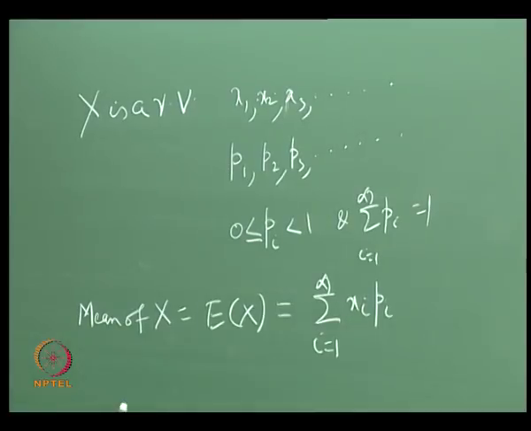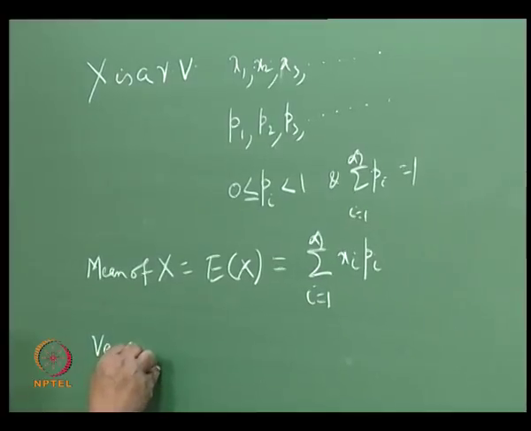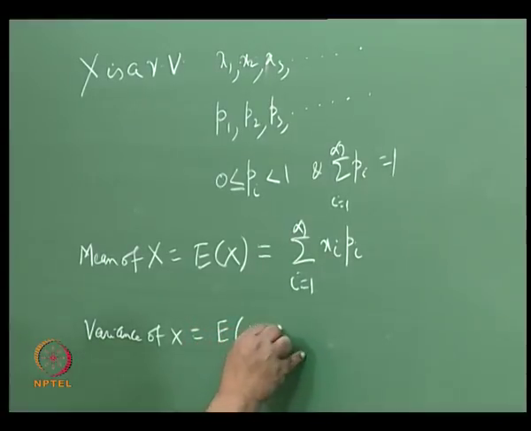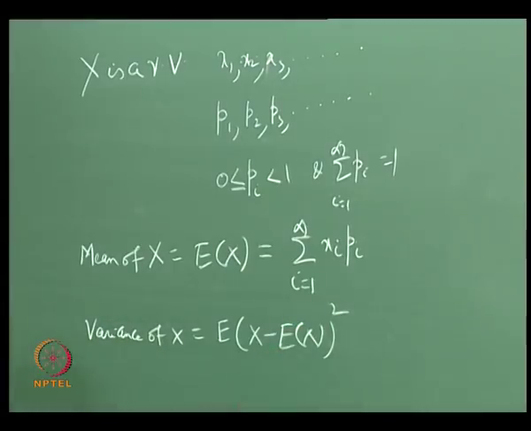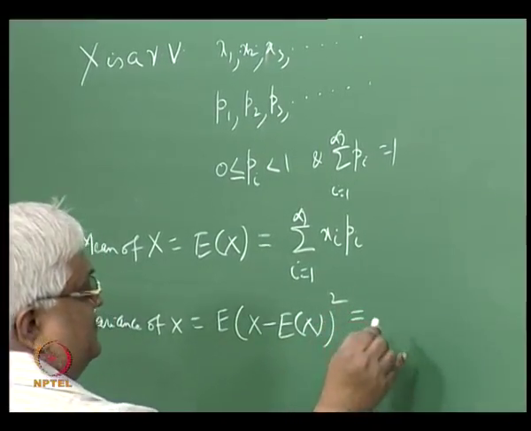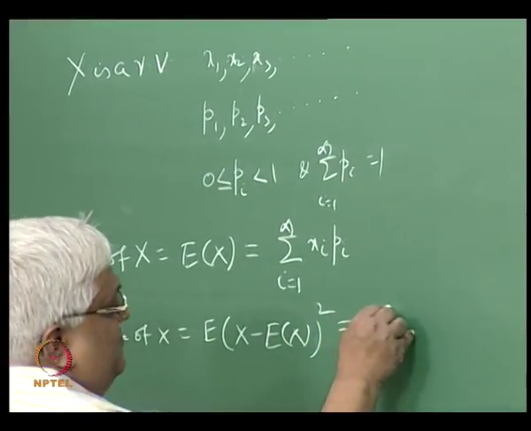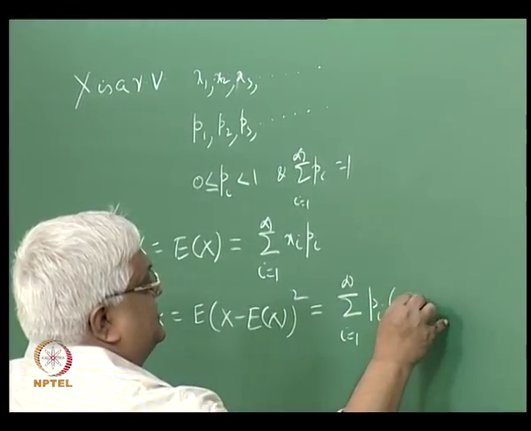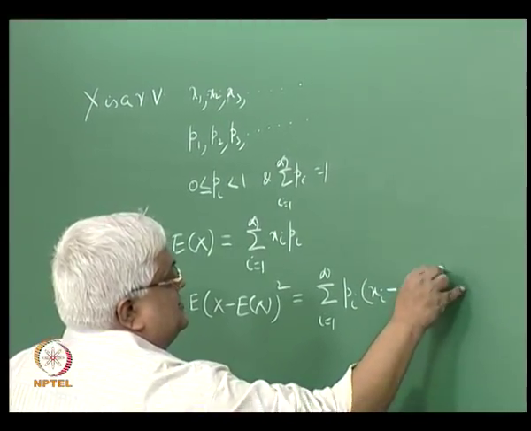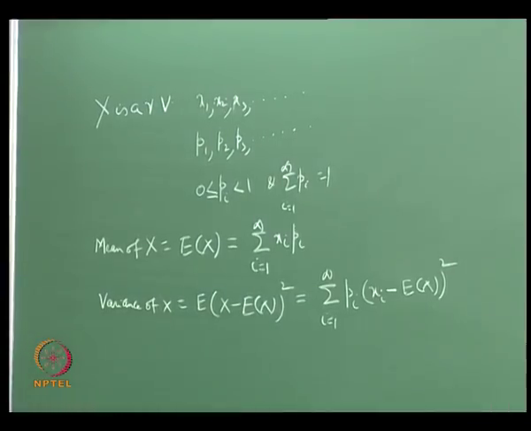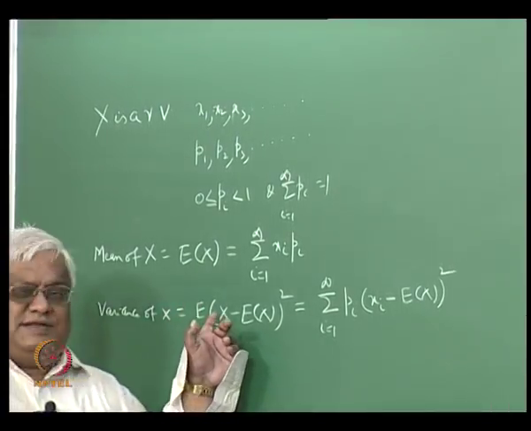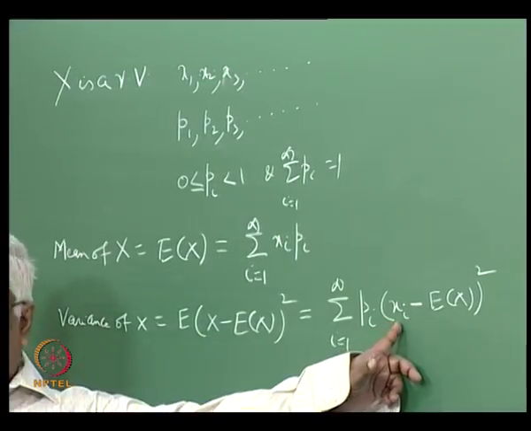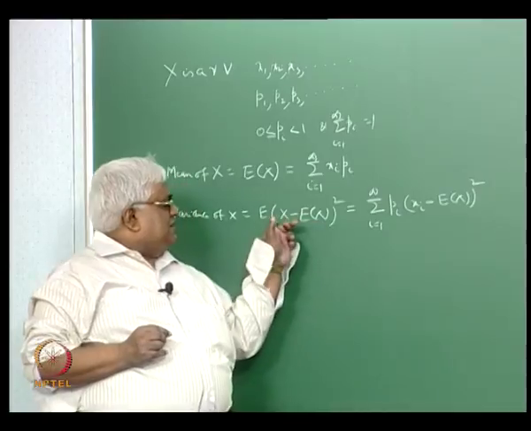Okay. Then the variance of X, which is the expected value of X minus the mean, the whole square.